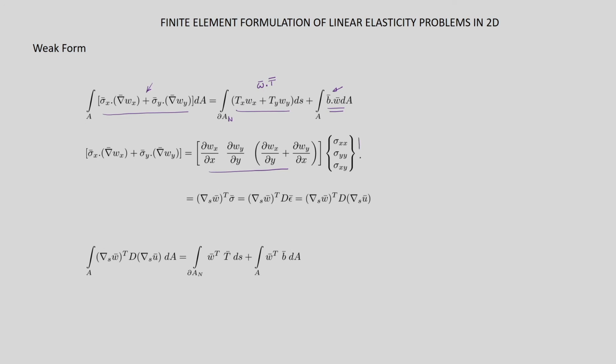Now, this is the stress vector, that is sigma xx, sigma yy and sigma xy. If you look at this sigma x bar, it has two components, that is sigma xx and sigma xy. So this is a column vector, and this gradient of W has two components, that is del W x del x, del W y del y.